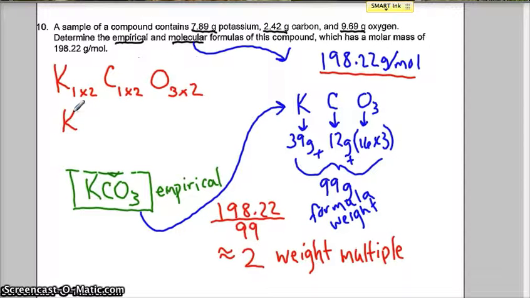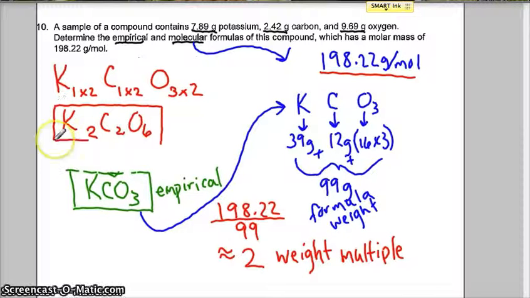So in this case, we have K2, C2, O6. And that is the molecular formula. That's the amount of molecules that will actually be present in this sample. So there you go, empirical formula, molecular formula. I hope all of that made somewhat sense to you, and we'll talk more.